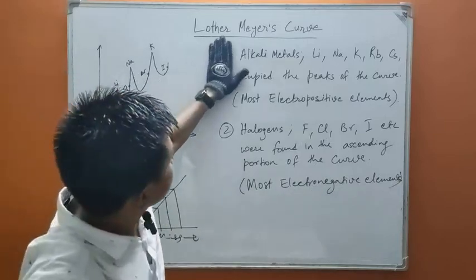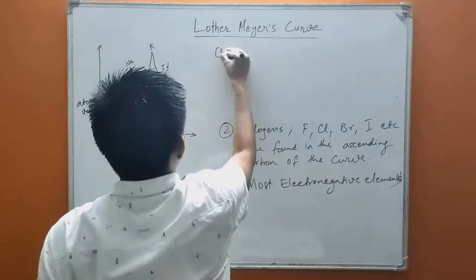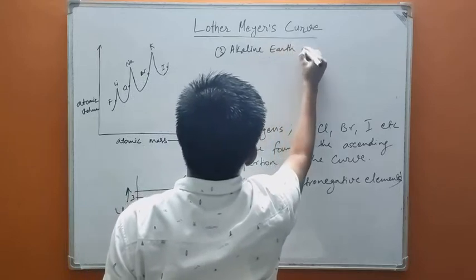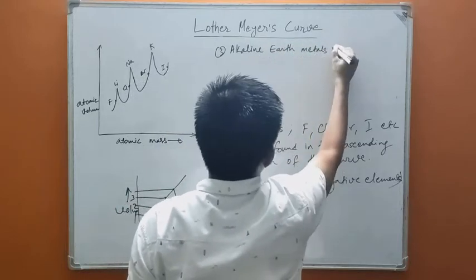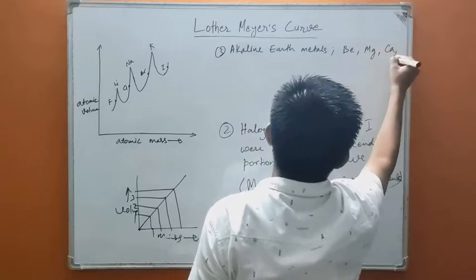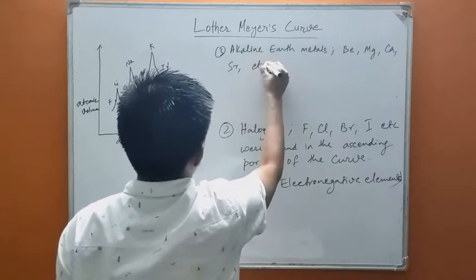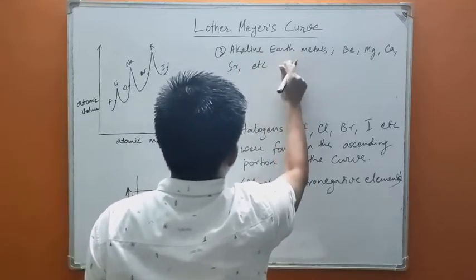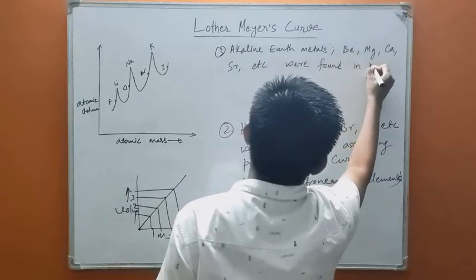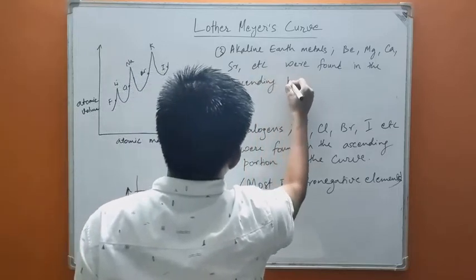Let me erase the upper part, okay, to continue. Number 3, alkaline earth metals: beryllium, magnesium, calcium, strontium, and etc. were found in the descending portion of the curve.